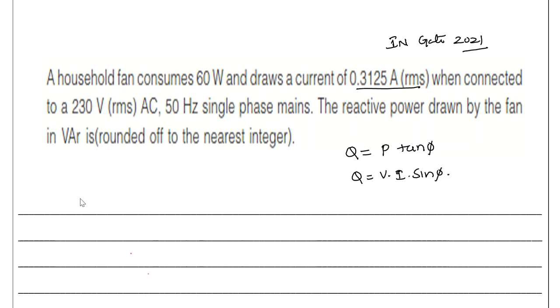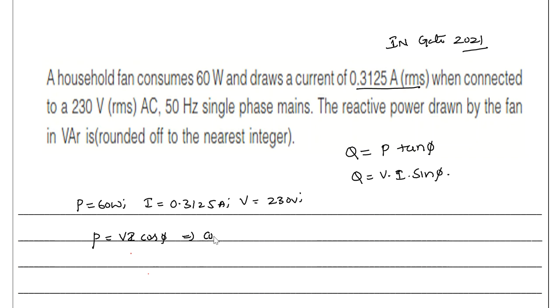First of all, the given data: the power is 60 watts, the current IRMS is 0.3125 amperes, and the voltage is 230 volts. First find the value of the power factor. P is equal to VI cos phi.